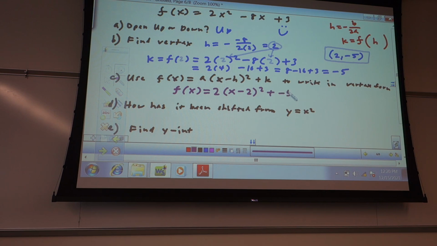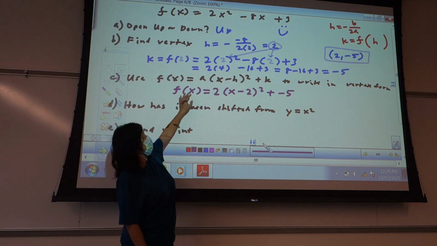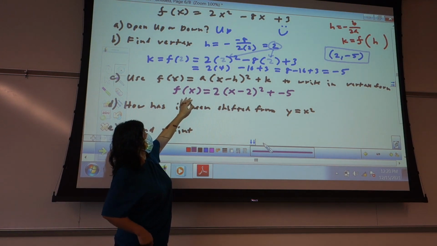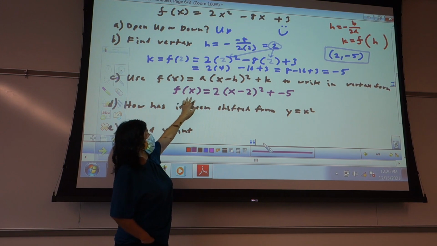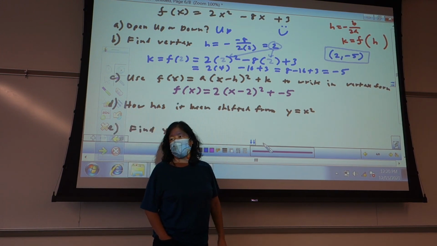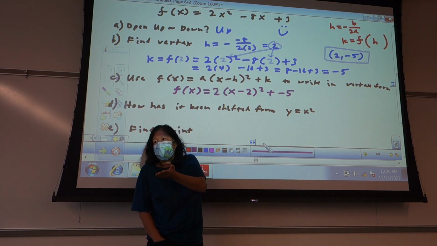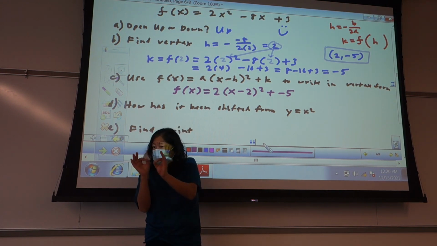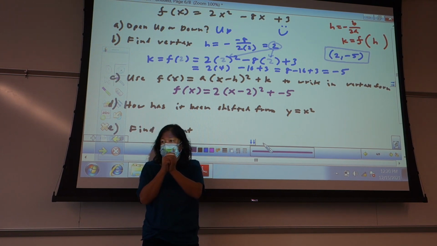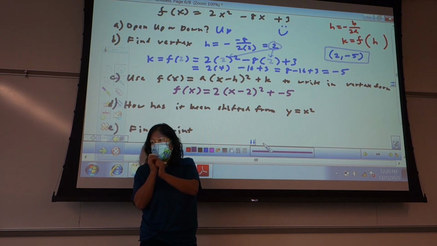Negative 5. So the x is not 2? The x is x. Remember, your function's always y equals something with x in it. So your h is your x at the vertex. So h is the x at the vertex. So your h is 2.